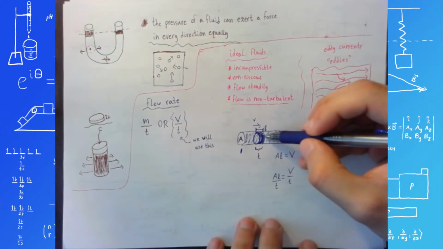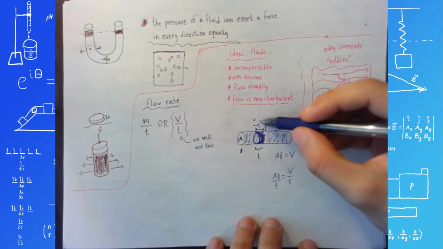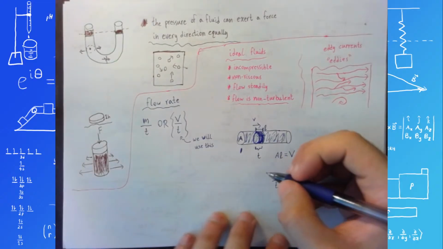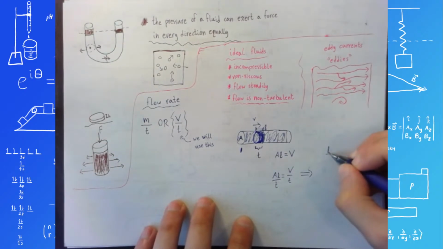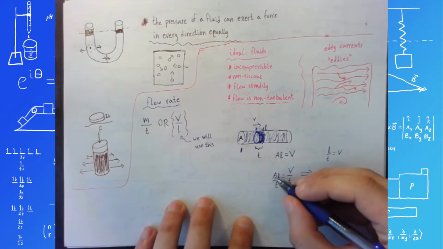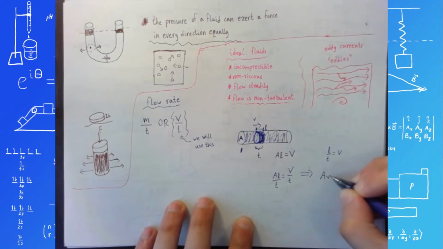Well, L is this distance, and if I take this distance divided by the time it takes to travel this distance, that's the velocity. Given that L over t is just going to be equal to the velocity, I can say that A times little v equals big V over t.